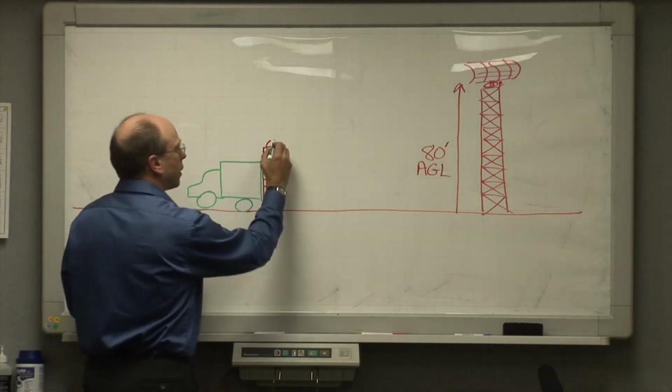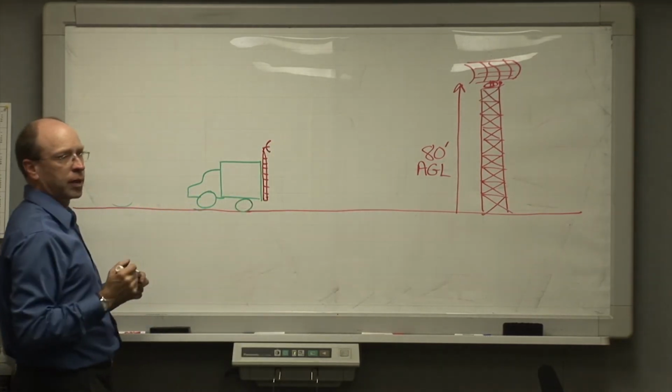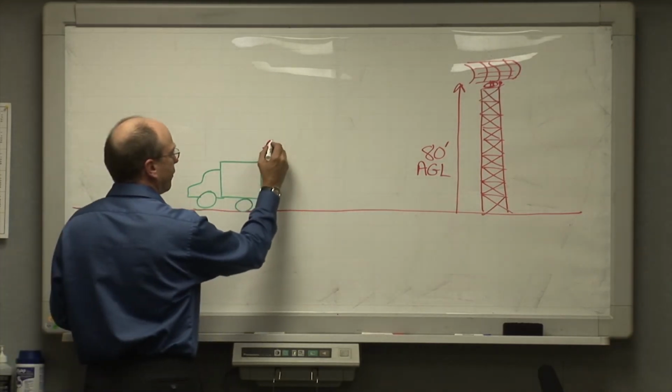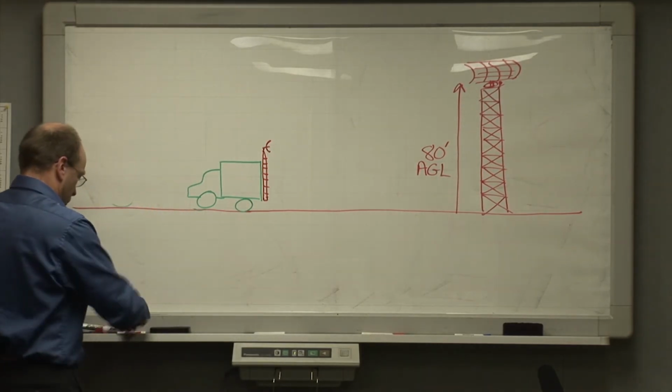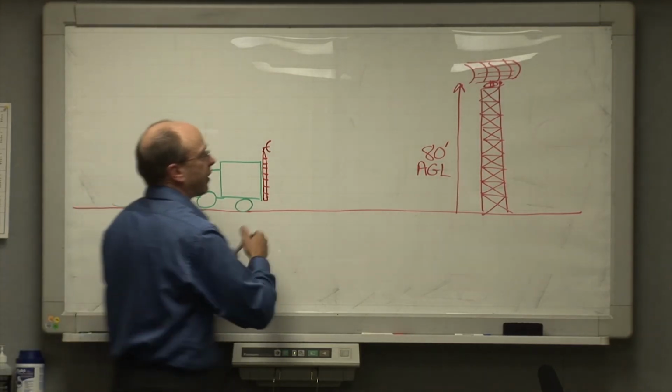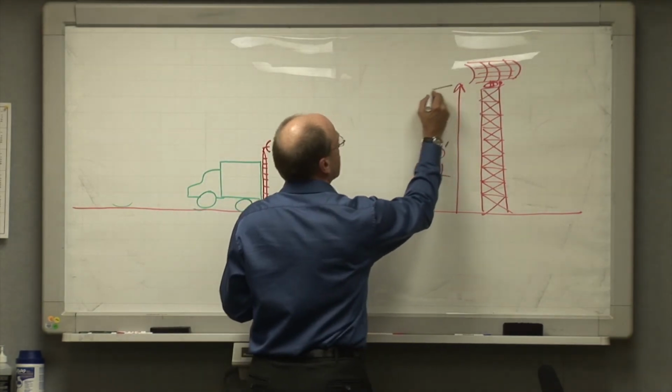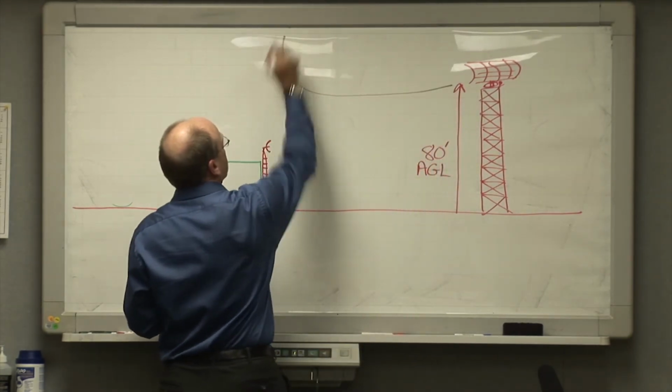And so you see that we're typically a little bit below the radar height, and even if we tip our antenna up a little bit, what we're working against is the fact that this radar's radiation pattern looks basically like this.